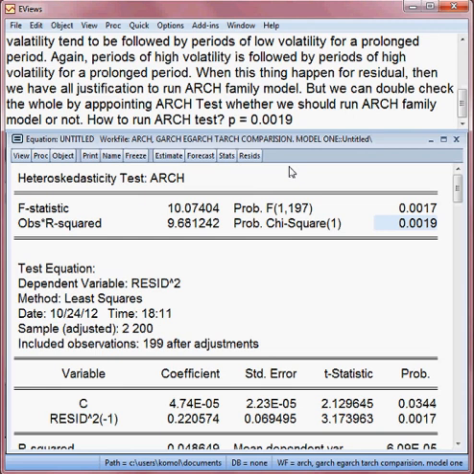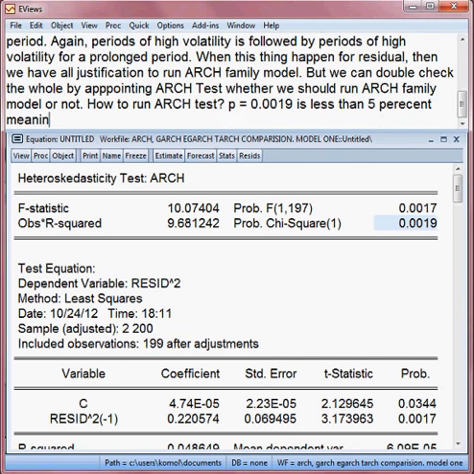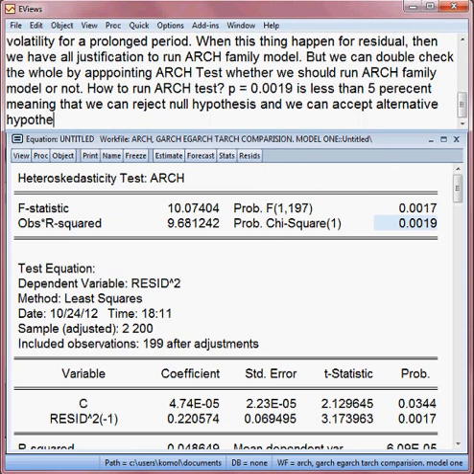And this p-value is less than 5%, meaning that we can reject the null hypothesis and we can accept the alternative hypothesis.